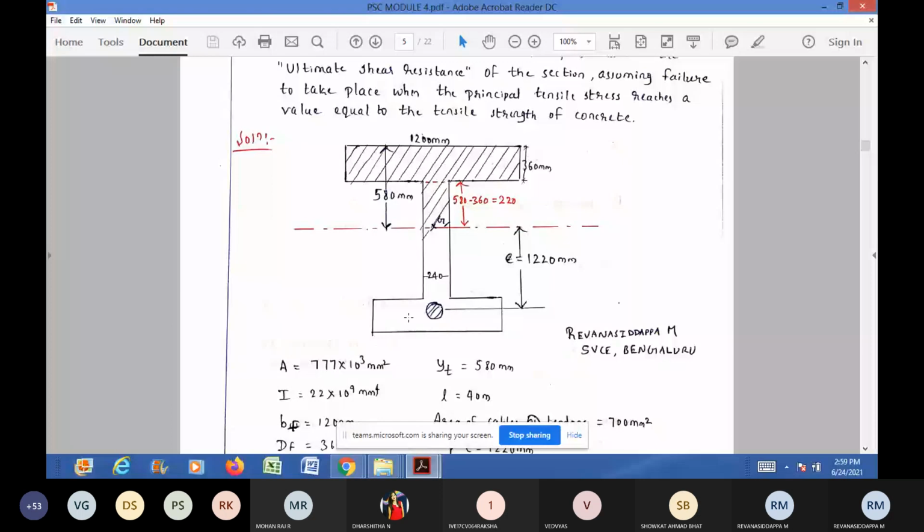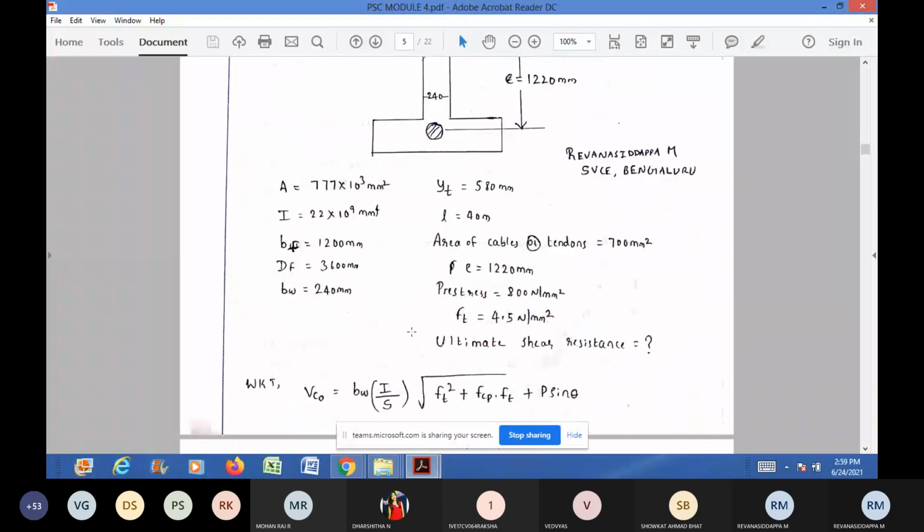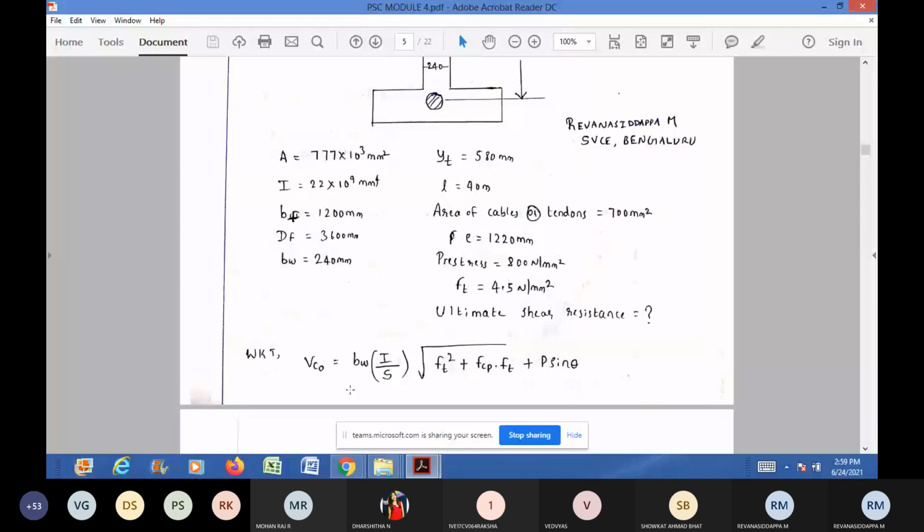For I section, to find ultimate shear resistance, we have the formula Vc0 is equal to bw into I by S into root of Ft square plus fcp into Ft, plus P sin theta. This formula you need not remember, it is given in the code book.